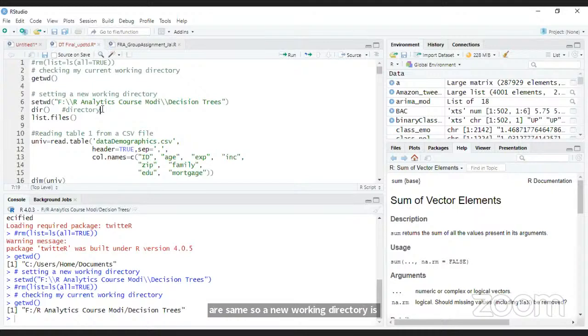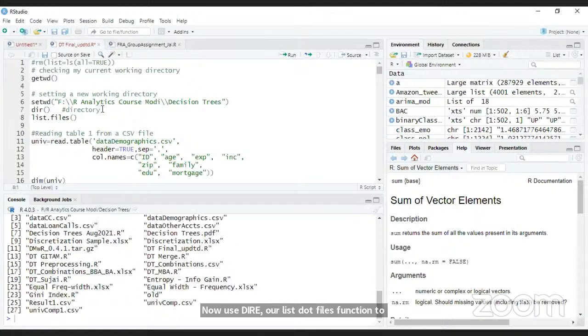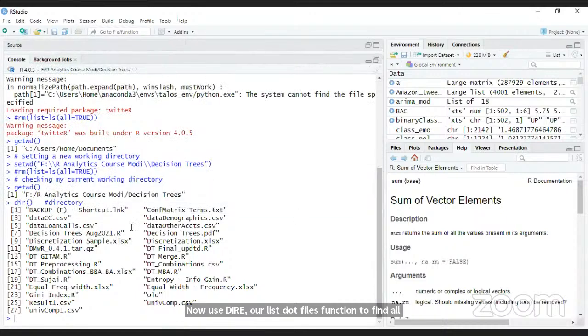Now use dir or list.files function to find all the files that are present in this working directory. So I have around 27 files in this directory.